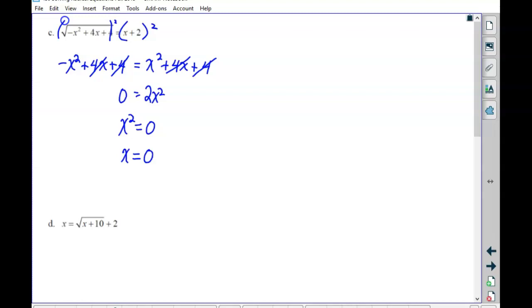Then you want to see, does that make sense, right? So you verify. So the square root of 0 squared plus 4 times 0 plus 4 is the root of 4, which is 2.